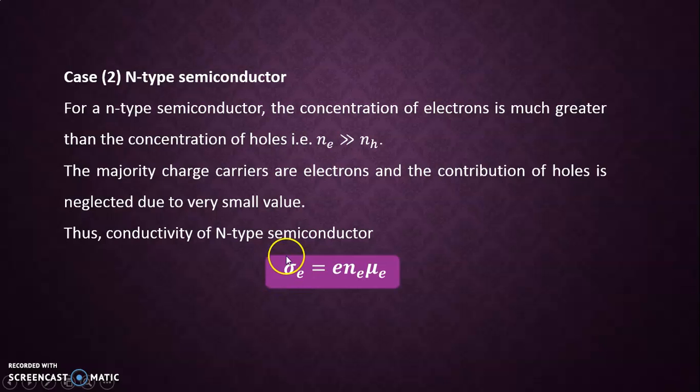In some cases we can observe sigma suffix capital N, where that N is the notation for n-type semiconductor. In some cases instead of N, e is also used. So sigma is equal to e into n suffix e into mu suffix e, which is the conductivity of n-type semiconductor. Similarly, we can write the conductivity in p-type semiconductor.